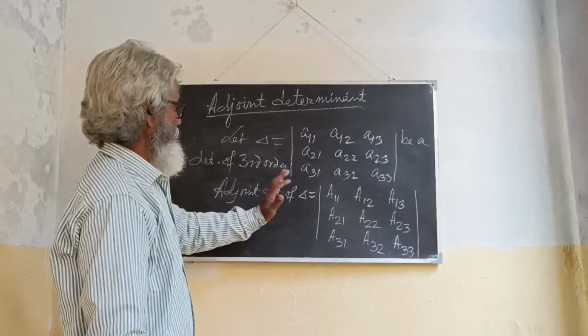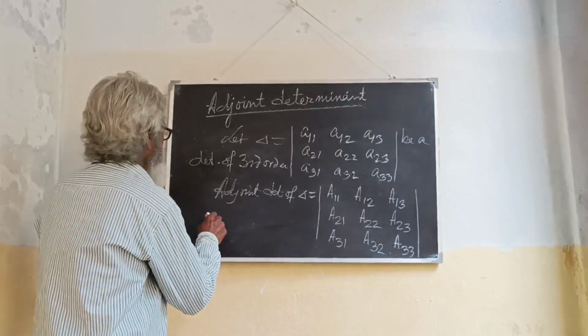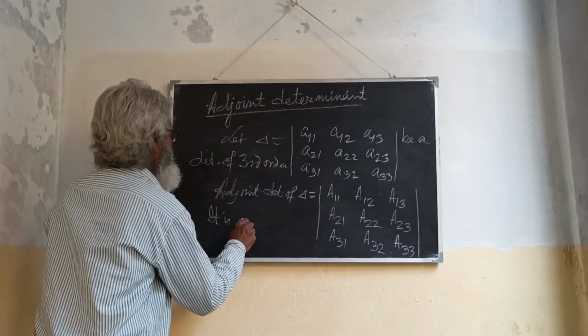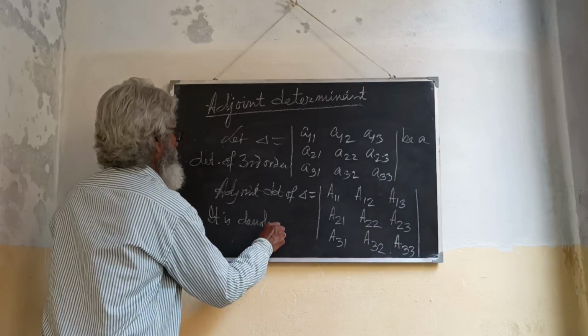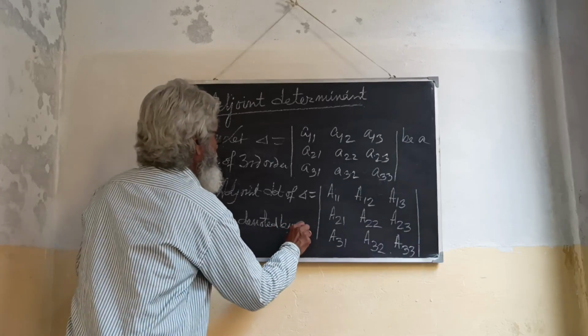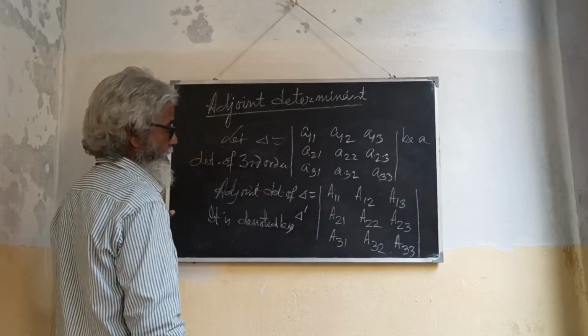So this is adjoint determinant of delta, and it is usually denoted by delta dash.